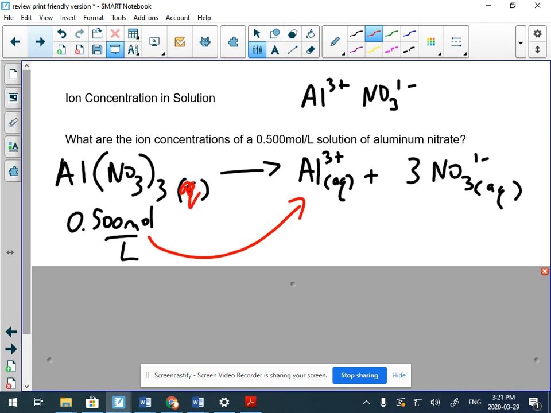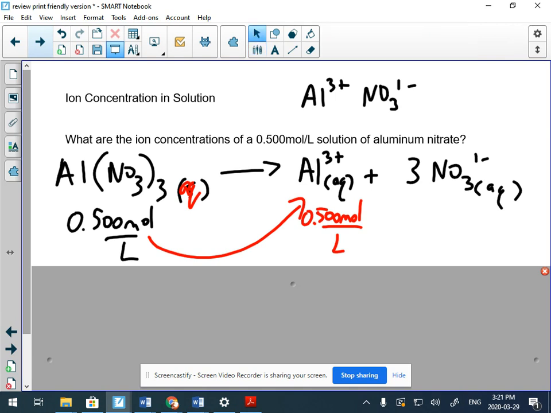Okay, spoiler alert, everything has to be aqueous for this to work. It was supposed to be, that's a typo. But so these compounds are the exact same ratio mole-wise, 1 to 1. So the concentration of the aluminum ion doesn't change. There's the same amount of stuff per liter, because it's a 1-to-1 ratio.